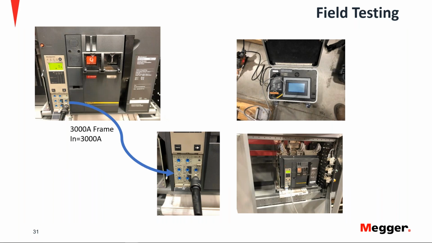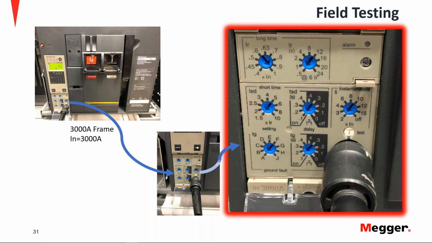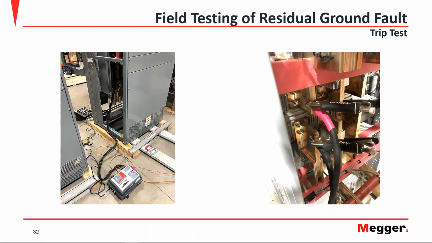Here are some pictures of those secondary trip units needed to be able to test certain breakers, like this one I'm showing in the picture. That's why we have that port in the trip unit, to be able to connect that secondary injection unit and enable the circuit breakers for maintenance testing.